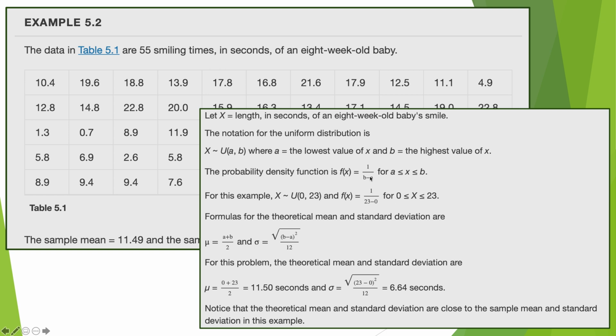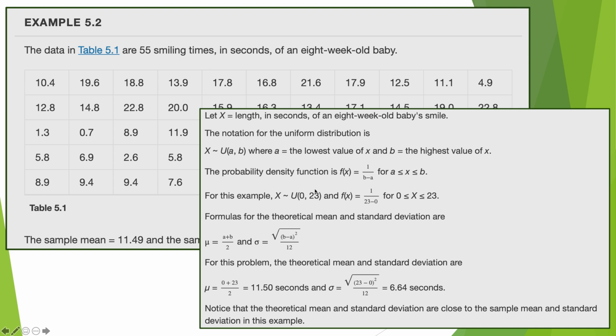So when I want to calculate that, I've got to do the longest time minus the shortest time, and then it's 1 over that. So in the first diagram we saw, where the length of the base, the horizontal length, was 8, we knew that the probability was 1 over 8. Well, we need to figure out what this length is going to be for this rectangle, and the length is going to be whatever the highest score minus the lowest score is.